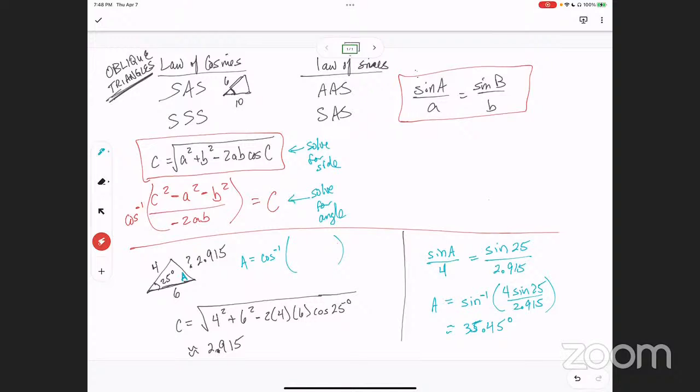So since I'm solving for A, this is going to be A and these are going to be B and C. Get what I'm saying? So A squared is going to be 4 squared minus 6 squared minus 2.915 squared.